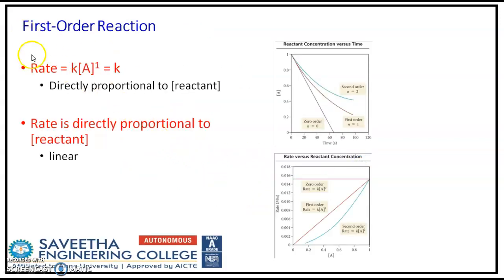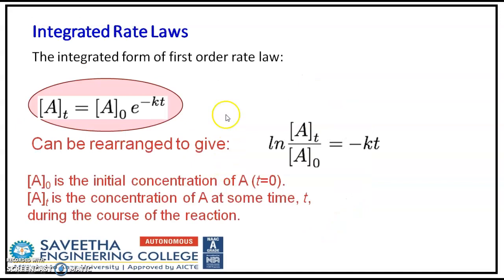Next, coming to the first order reaction, here the rate is equal to k into A to the power 1. It's directly proportional to the reactant concentration. Next, coming to the integrated form of first order, ln of concentration of A at time t over the concentration of A at 0 is equal to minus k into t.